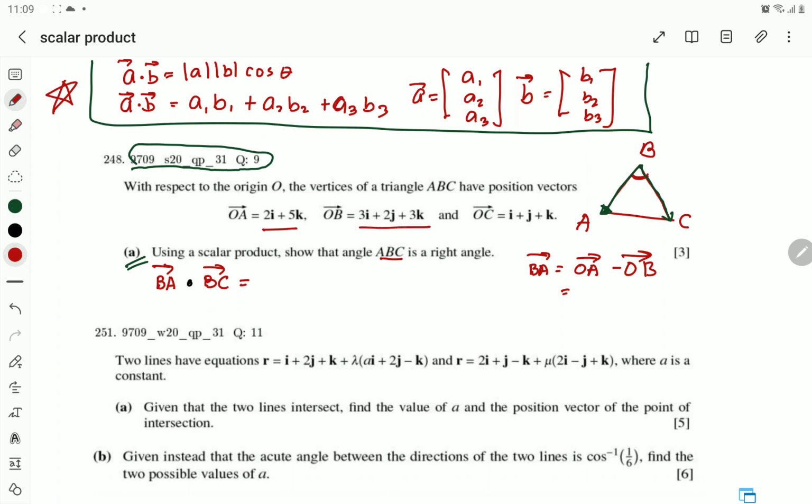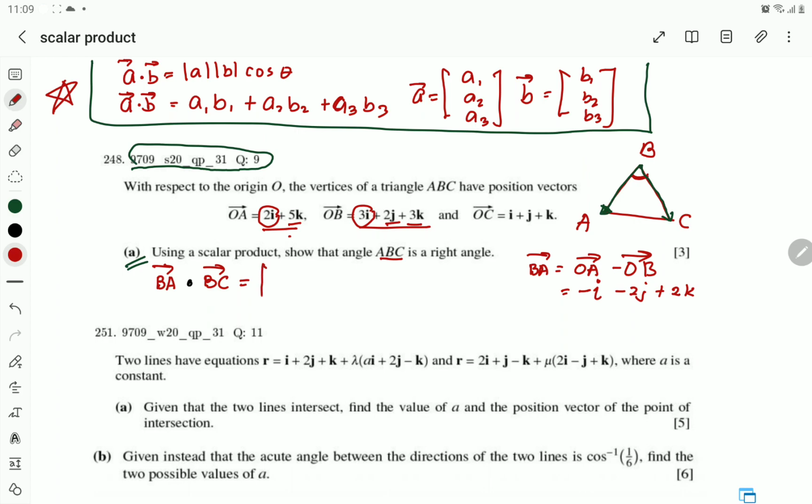So that's going to be 2i minus 3i, so that's negative i. And then 0j here minus 2j, so this is minus 2j. And then 5k minus 3k is plus 2k. Alright? So that is your BA.